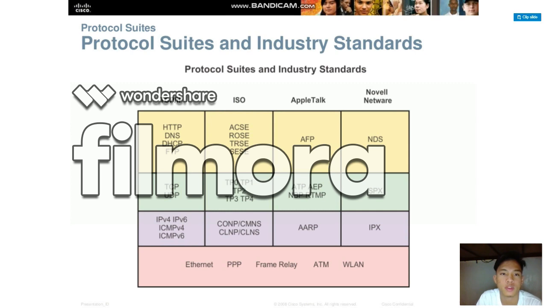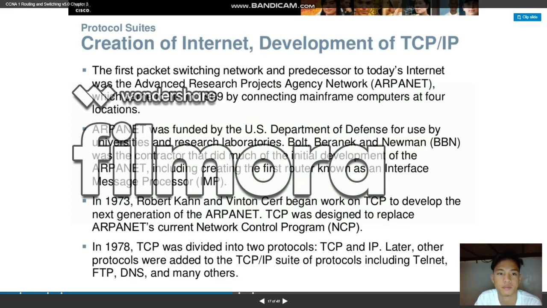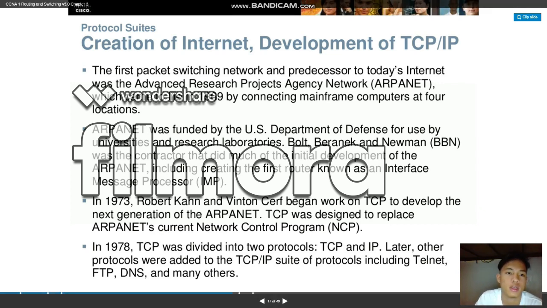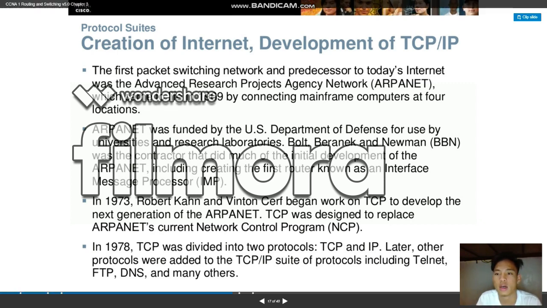So these are protocol suites and industry standards. These are the illustrations of different protocol suites and industry standards. Creation of the internet, development of TCP/IP. The first packet switch network and predecessor to today's internet was the Advanced Research Projects Agency Network, or ARPANET, which came to life in 1969 by connecting mainframe computers at 4 locations.